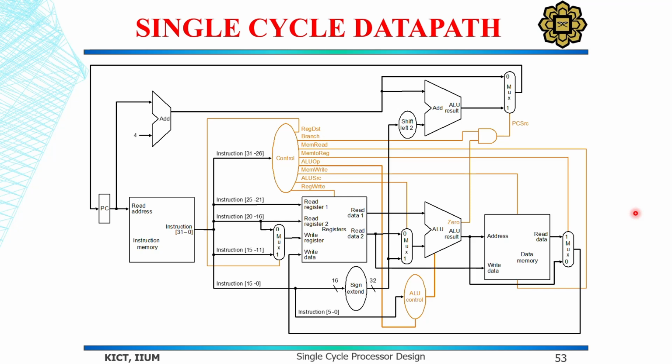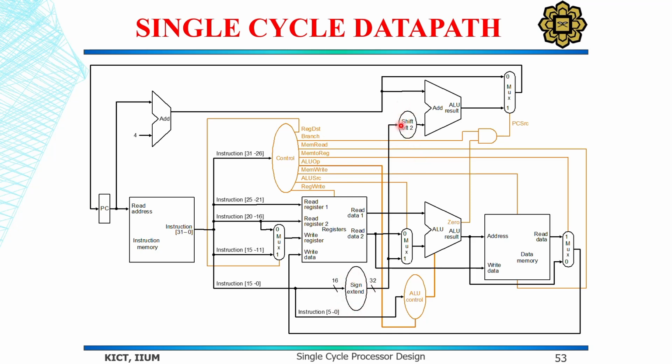These are the different components which we are familiar with: the instruction memory, then the register file, ALU, and then the data memory. Here we have sign extend, and then we have the shifter, which is shift left 2.